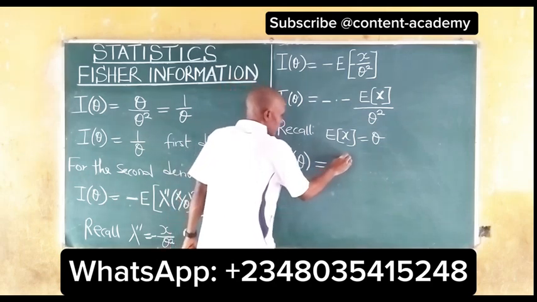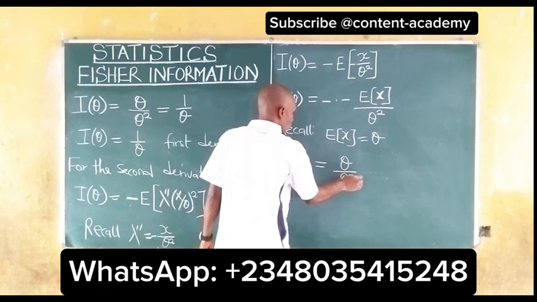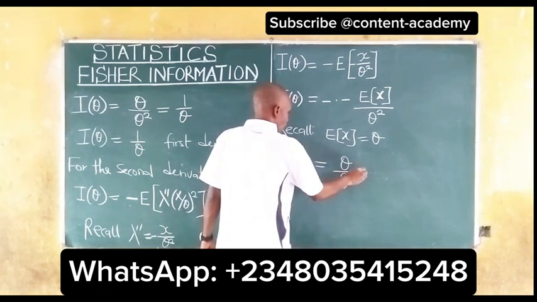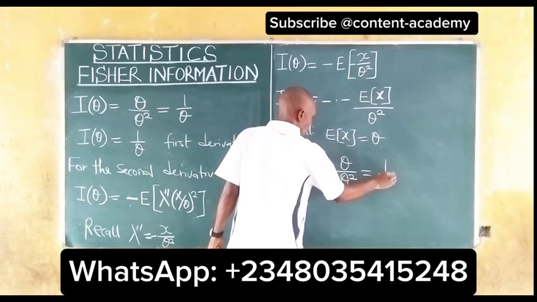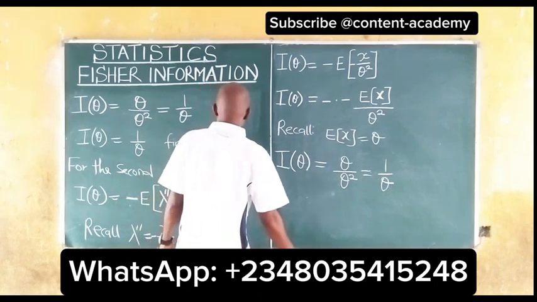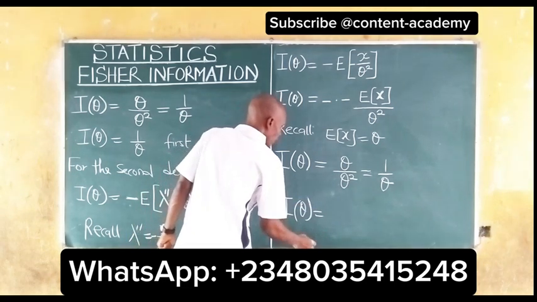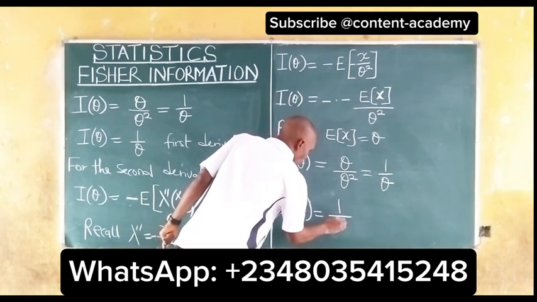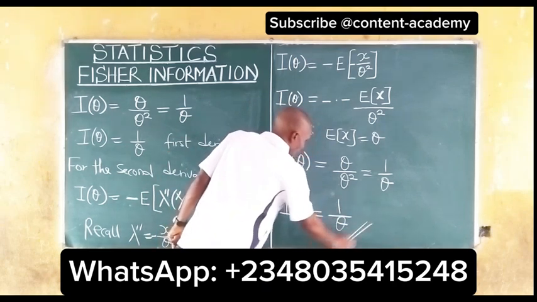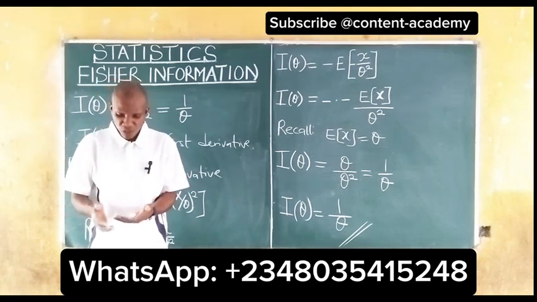So we have theta all over theta squared, which is equal to 1 all over theta. Therefore, our Fisher information for the second derivative is 1 all over theta. And this becomes our Fisher information for the Poisson distribution.